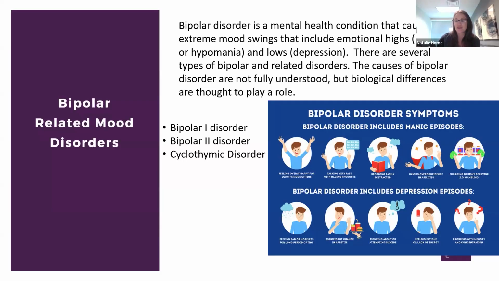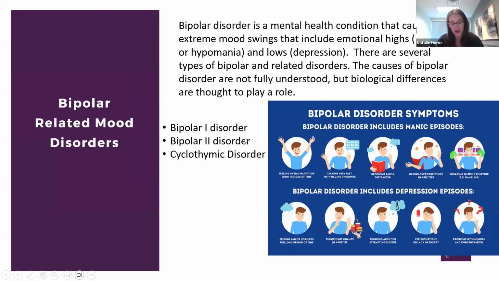We're going to talk about depressive disorders in the next slide, but a manic episode can be characterized by someone being overly energetic, feeling on top of the world, overly happy, feeling like they can do anything, maybe not sleeping for multiple days, talking very fast with a flight of ideas, being very easily distracted, as well as doing things that they wouldn't normally do, engaging in risky behaviors, maybe gambling, using substances, sexual activities.